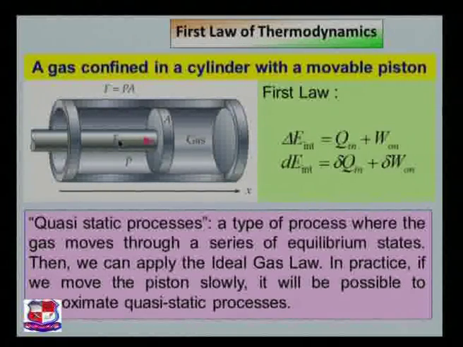This is the quasi-static process, a type of process where the gas moves through a series of equilibrium states. Then we can apply the ideal gas law. Only to the quasi-static process we can apply the ideal gas law. In practice it's not possible, but by slow movement of the piston we can have the quasi-static process.